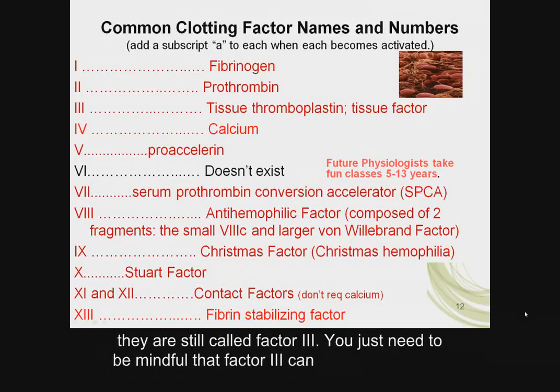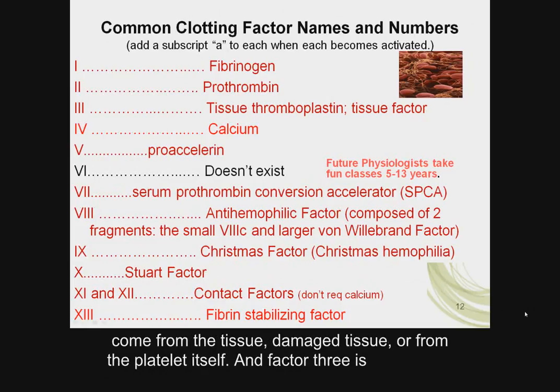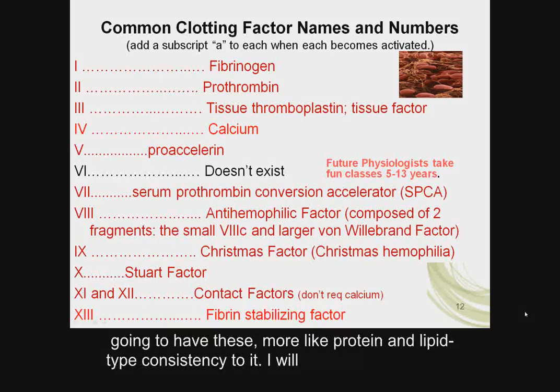You just need to be mindful that factor 3 can come from the tissue, damaged tissue, or from the platelet itself. And factor 3 is going to have more of a protein and lipid type consistency to it. I will elaborate in a little bit. Factor 4 is calcium.